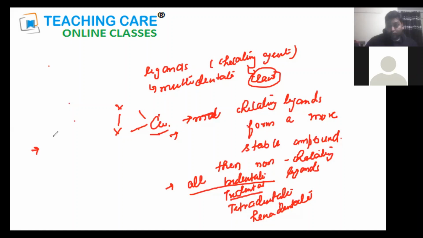So the next example is the oxide ion. The oxide ion is O 2 minus, so it has -2 charge, and the name of the ligand is oxo.